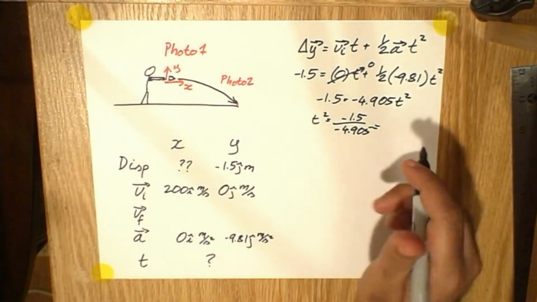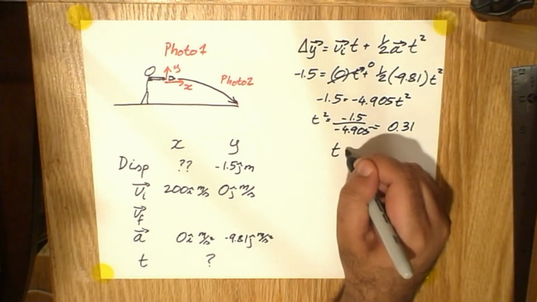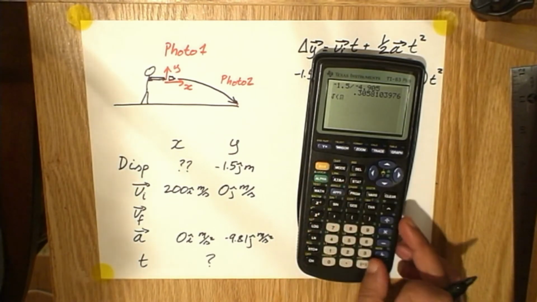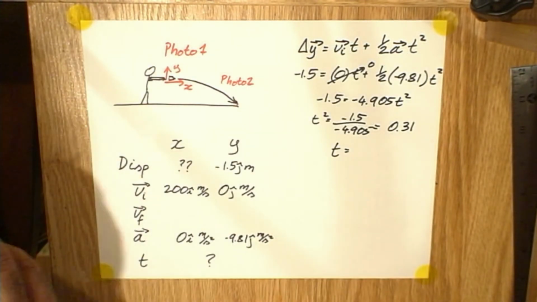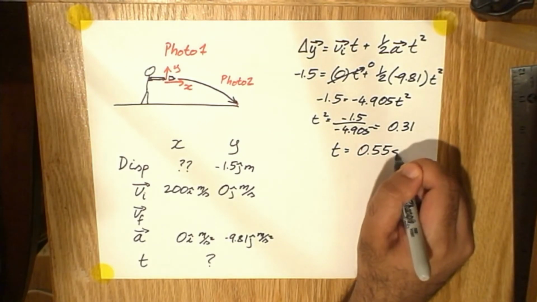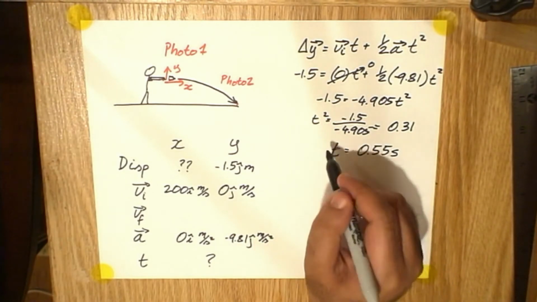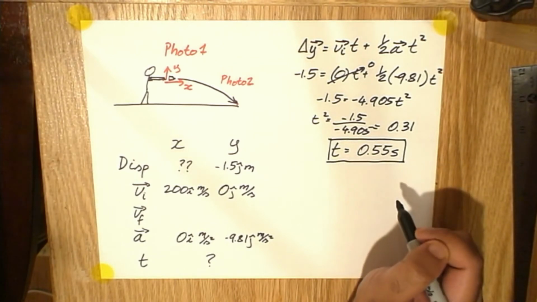So let's call it 0.31. And taking the square root of that is going to give us the time, 0.55 seconds. So that's the first part of this question, finding the time that's required for this bullet to fall to Earth.